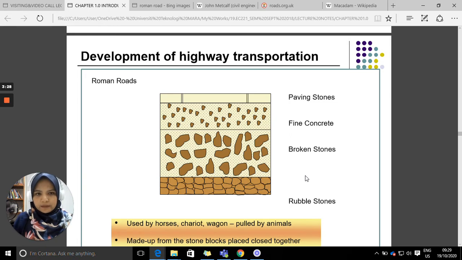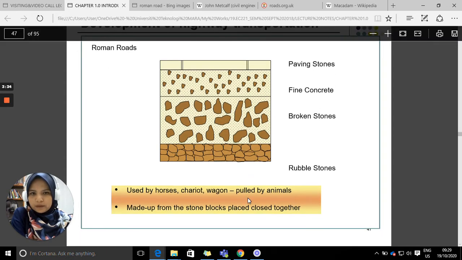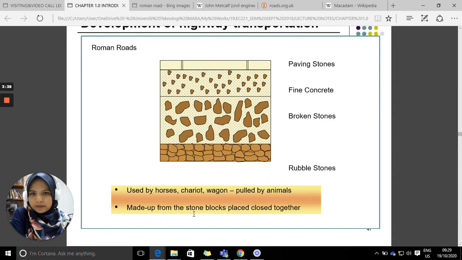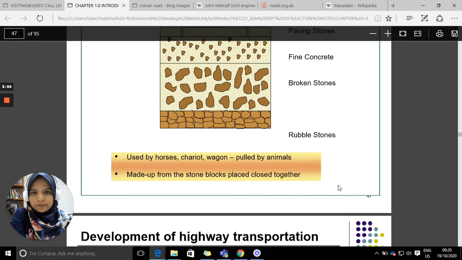And then you have the rubble stone on the lowest layer. At this particular time, the carts were pulled by animals, and the road was made up of stone blocks placed close together. That is the most they could do at that time with very limited machineries, as I just mentioned.